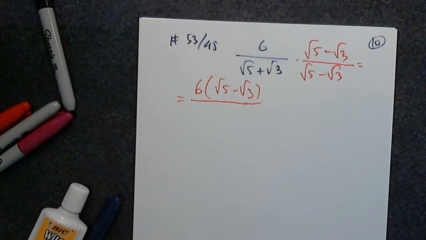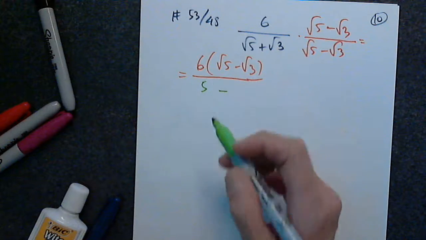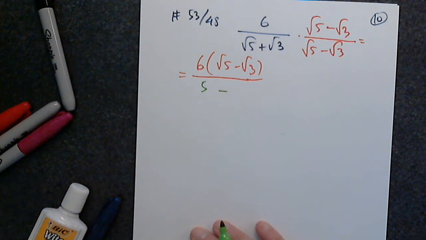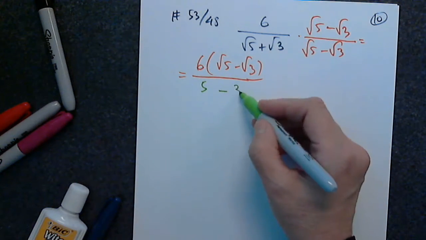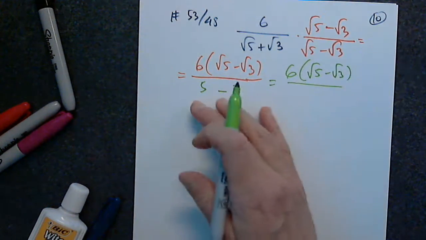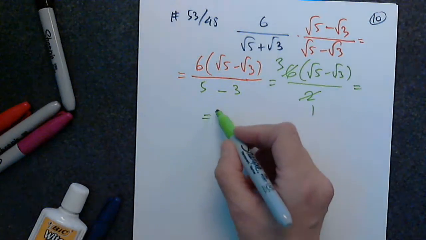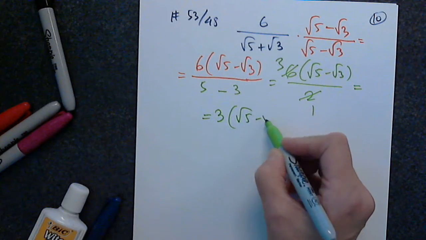So please square the first term minus square the second term. What do we get? Five. Very good. So this is 6 times the square root of 5 minus the square root of 3, over 5 minus 3, which is 2. Now I'm allowed to simplify. So the final simplified form, you do not need to distribute, is this.